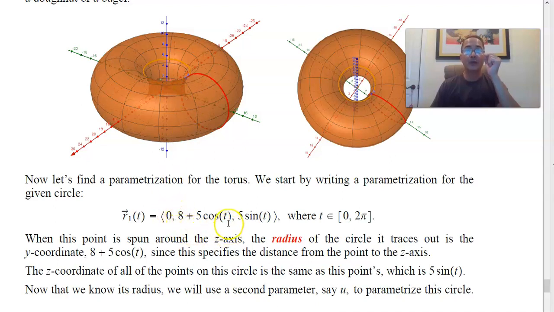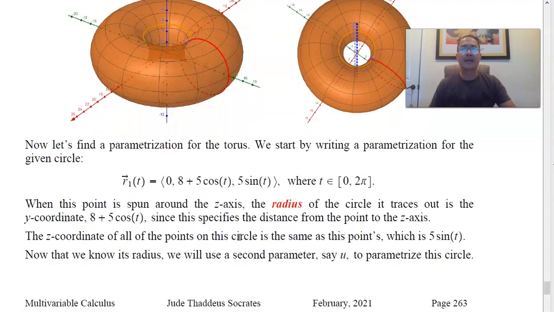So we take this y-coordinate as the radius of a circle going around the z-axis at the plane z equals this z-coordinate. A couple of things going on there. If you need to rewind the video and listen to what I said again, please do so.